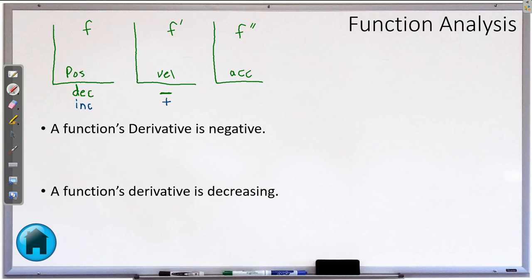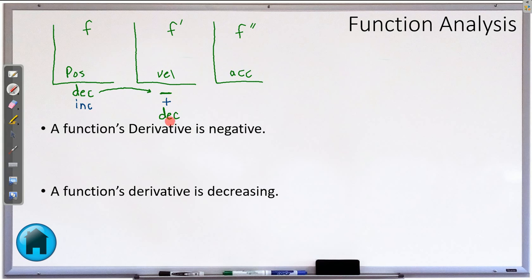But now we're going to add a new one. What if a function's derivative is decreasing? So a function's derivative, f prime, is decreasing. What do we know? Well, now here's why I like this graphic organizer, because the pattern that we had before still holds. So if you have a decreasing to the right, that means negative.